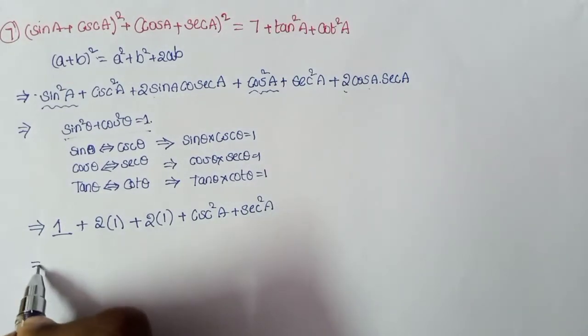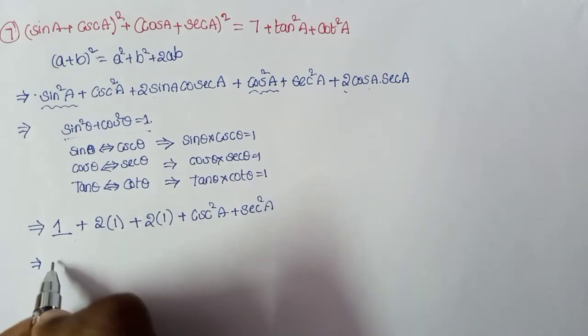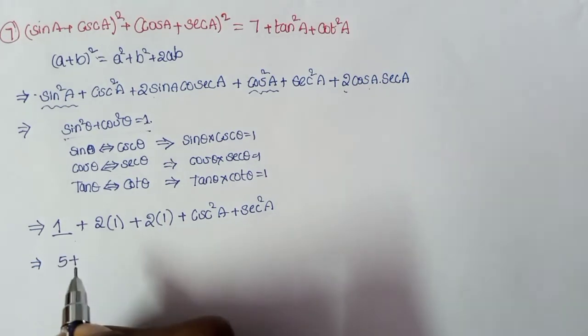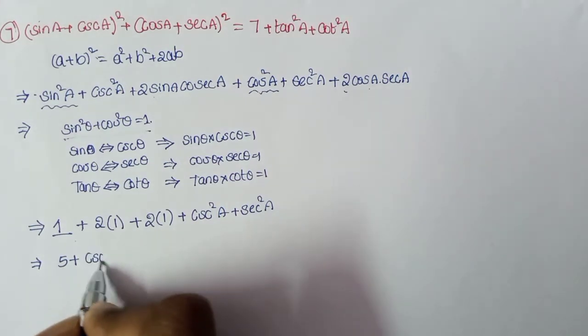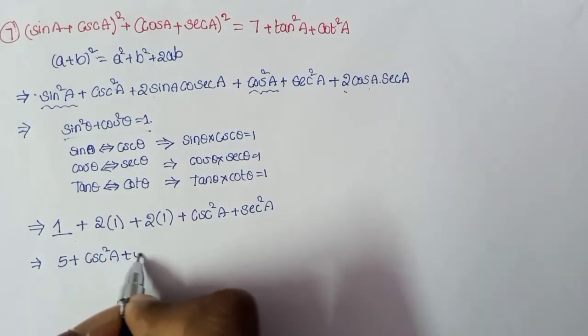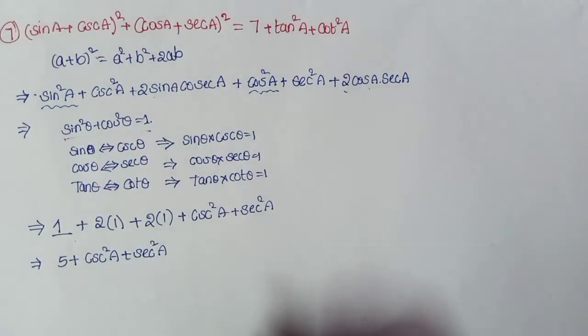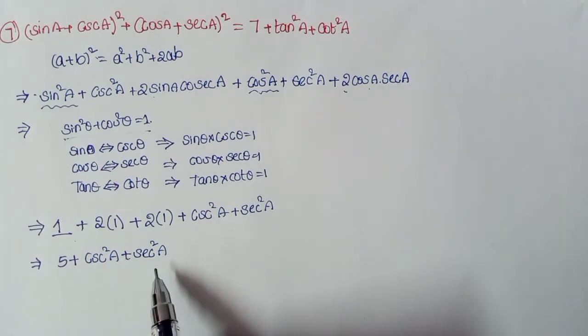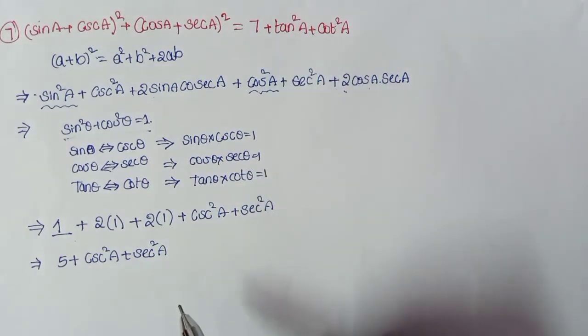Here what will you get? 1 plus 2 into 1 is 2, 2 into 1 is 2, so 1 plus 2 plus 2 is 5, plus cosec square A plus sec square A. We know from the trigonometric identities that cosec square A and sec square A have a relationship in terms of tan and cot.